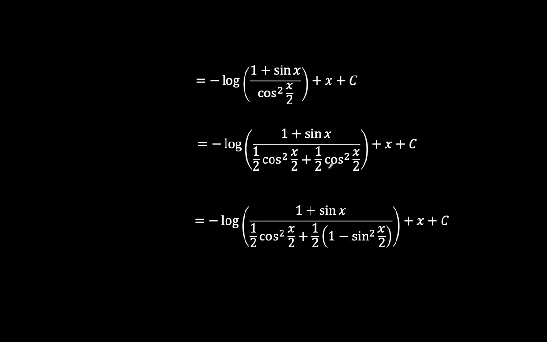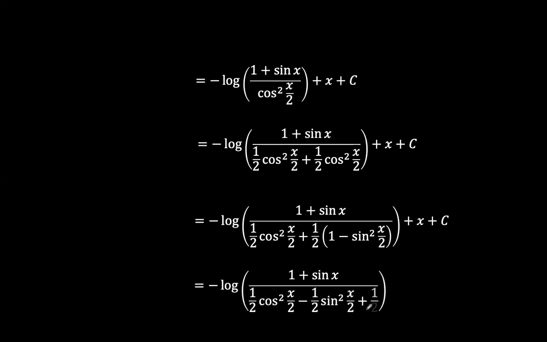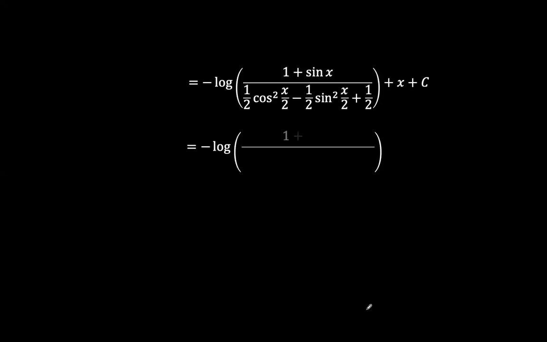Substituting that in, we now have half cosine squared x over 2 minus half sine squared x over 2 plus a half. Now we can pull that constant half out. What that means is that we do have 1 plus sine x over half of cosine squared x over 2 minus sine squared x over 2 plus 1.